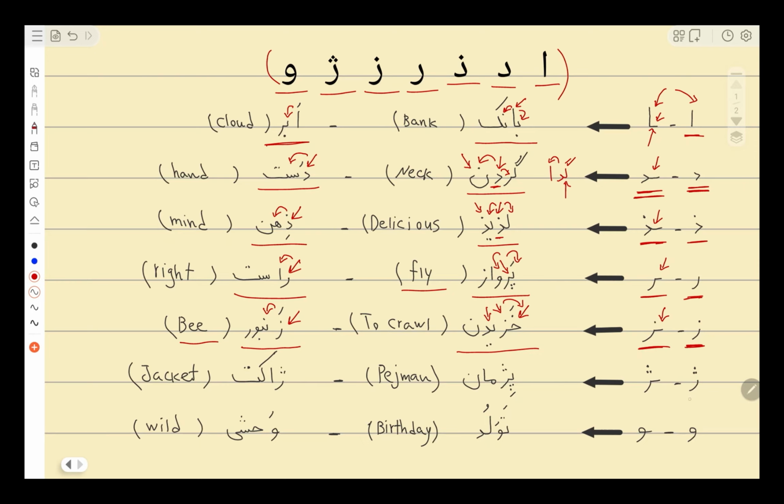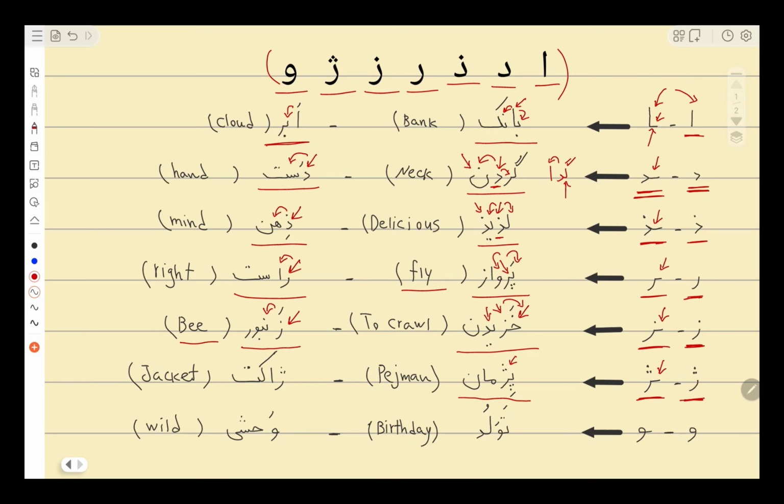And the next letter is the letter je. This is the normal version, and this one is the connected version, just like ze and re. You can see here that it has this small line. We have the word pejman here.